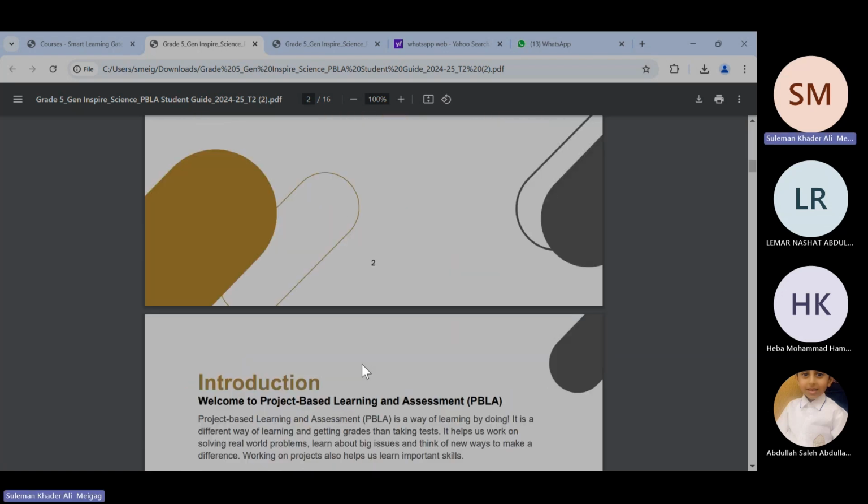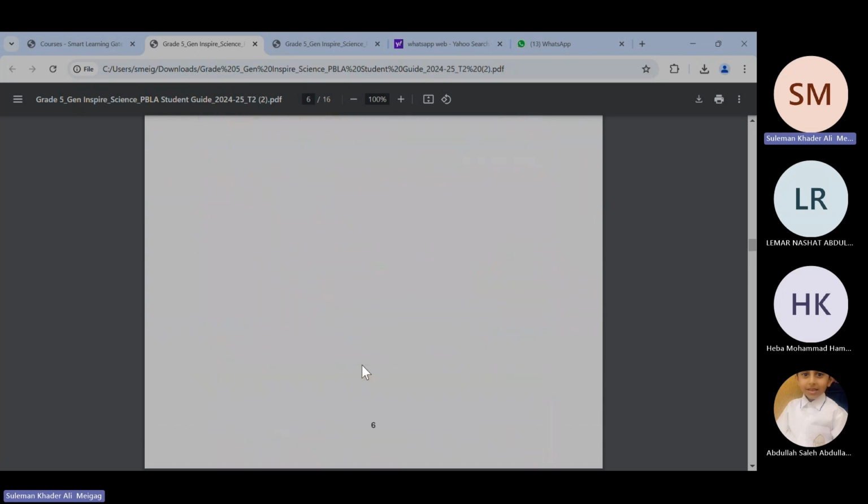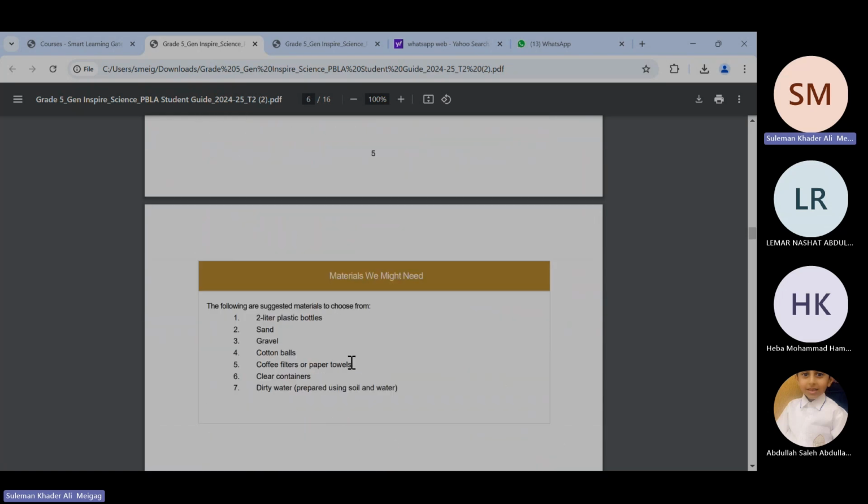And then when you fill in the names, then this is what you need. For example, here are all the materials: sand, plastic bottle, gravel, that's stones, okay, big stones, small stones, cotton, filter paper, towel, could use clear container, dirty water.